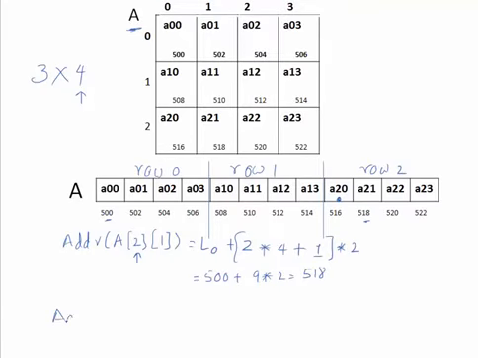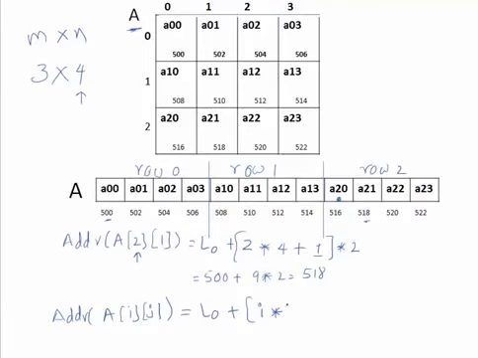So it means for getting the address of any location A of i comma j, the compiler will write the formula L naught plus i into n plus j, if the dimensions are m cross n, multiplied by word size w. That's it. This is the row major formula when the indices are starting from 0 onwards.